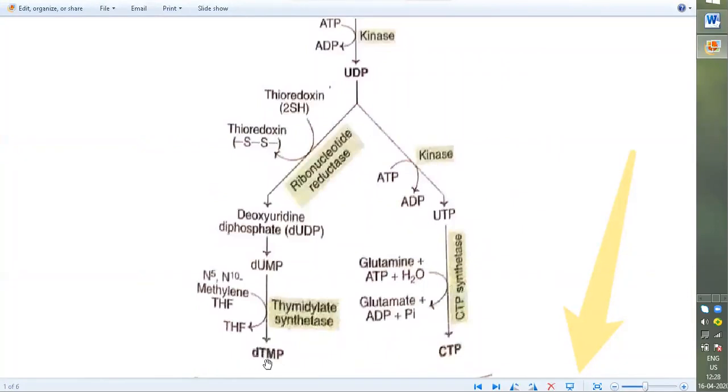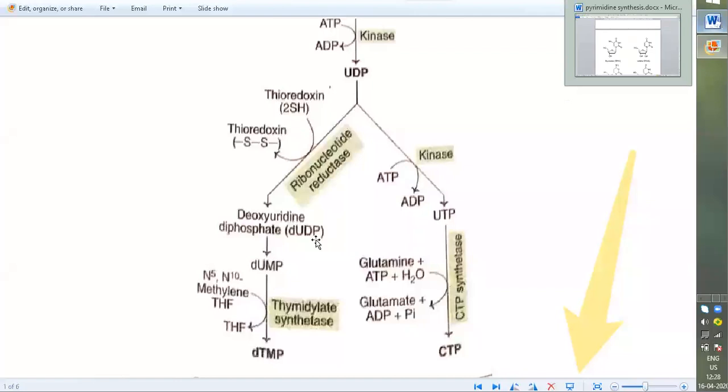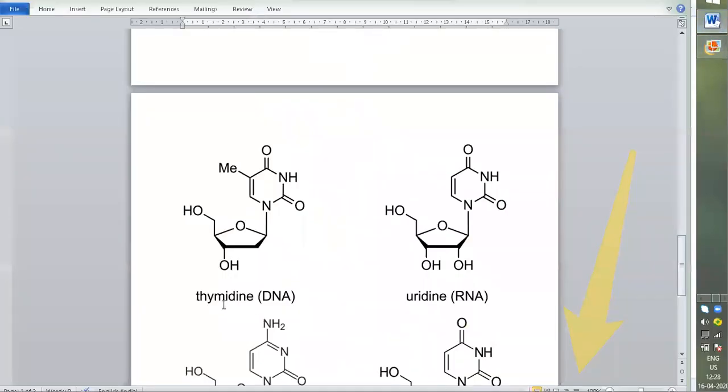DTMP has the same structure, but one methyl group is in excess. See, this is uridine and this is thymidine. The same structure is present, but a methyl group is added at this position. So when we add a methyl group at this position, it is called thymidine.